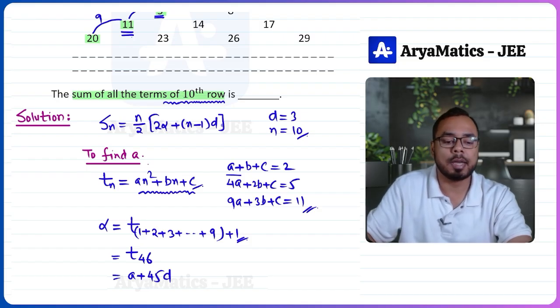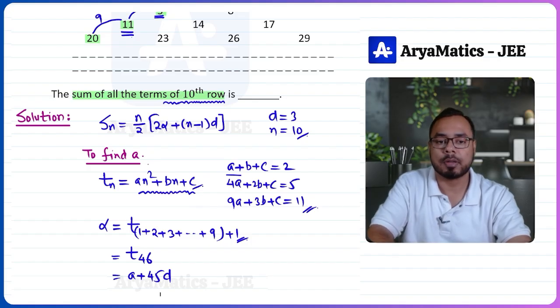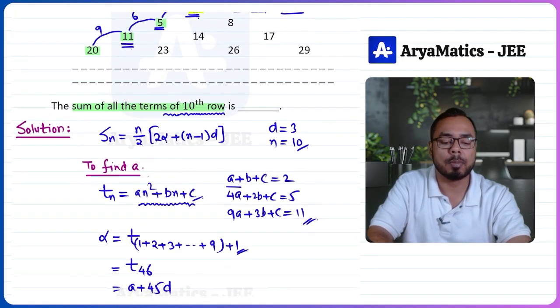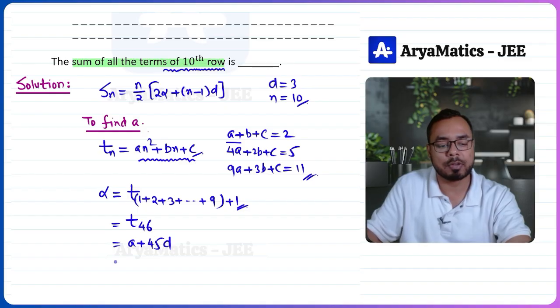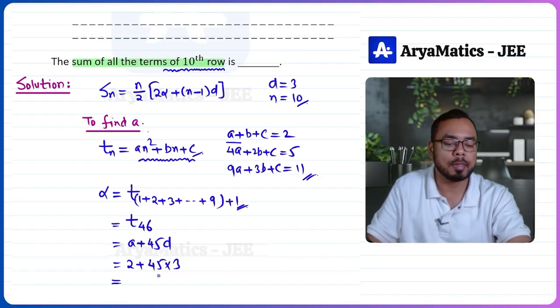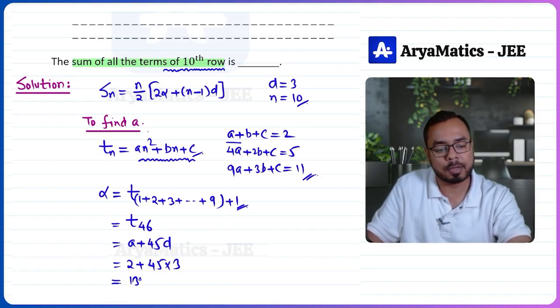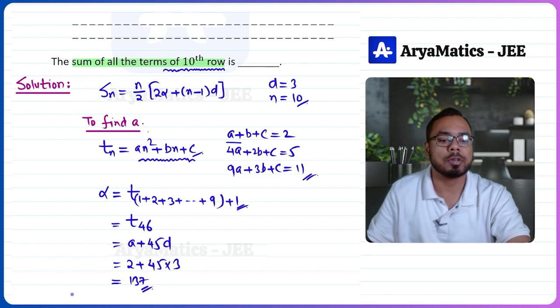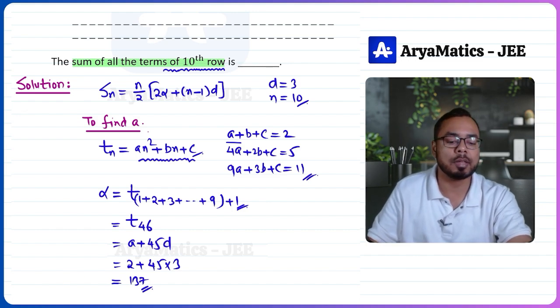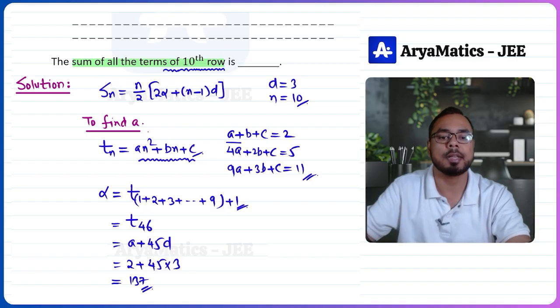Now a is 2 and the common difference is 3. So 45 into 3 is 135, plus 2, that is 137. So alpha, the first term of the 10th row, will be 137.